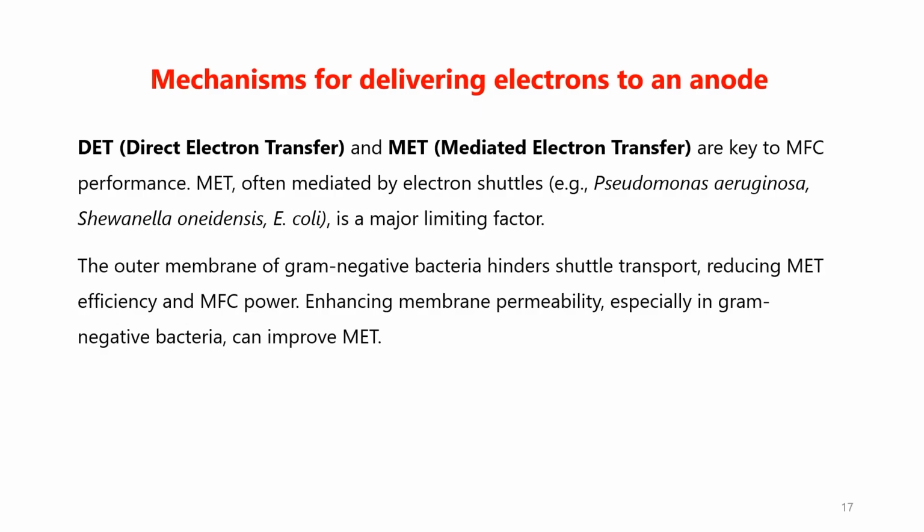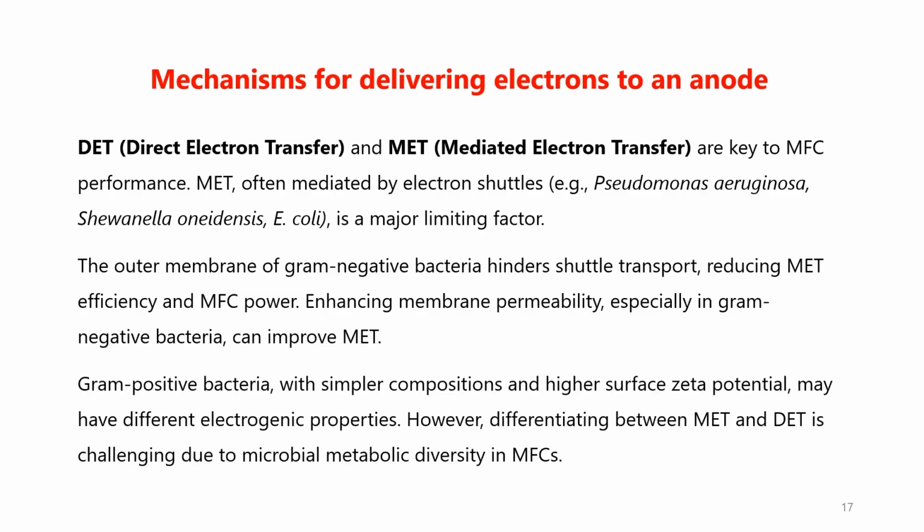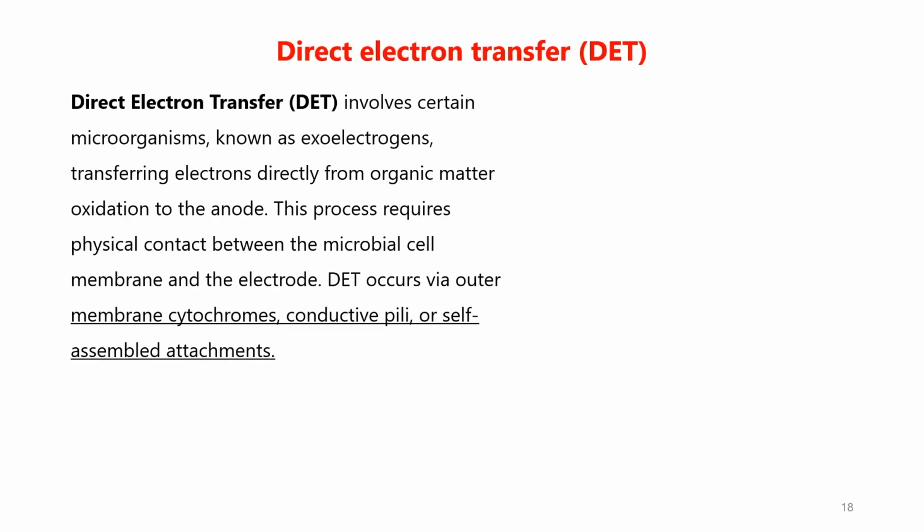Enhancing membrane permeability, especially in gram-negative bacteria, can improve mediated electron transfer. Then we have the gram-positive bacteria with simpler compositions and higher surface zeta potential. They may have different electrogenic properties. However, differentiating between MET and DET is challenging due to microbial metabolic diversity in the MFCs.